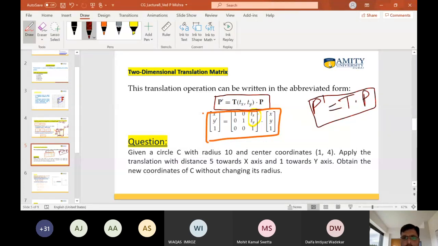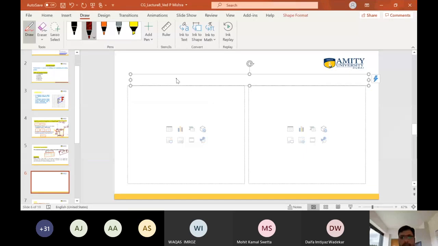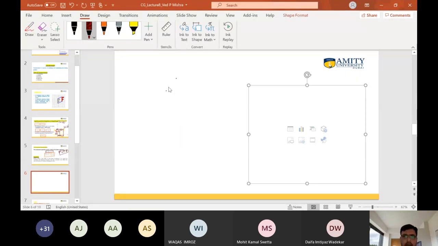can you solve this matrix? Do you know multiplication of the matrix? Do you remember multiplication of the matrix? Yes. So what is our matrix here?